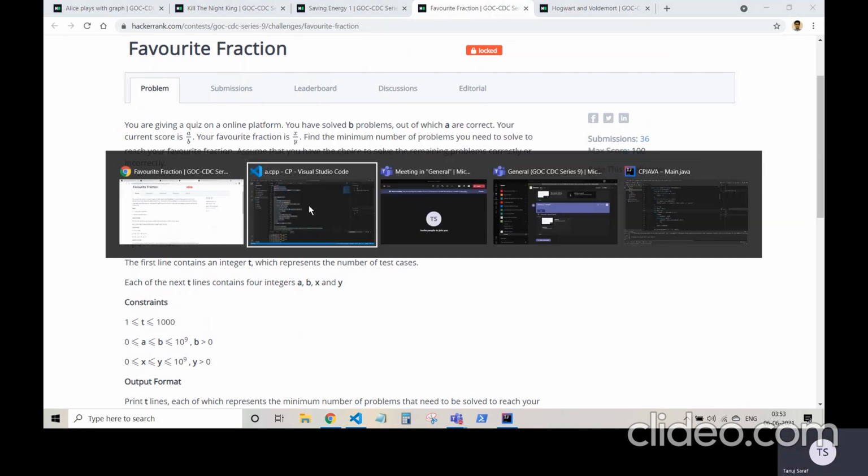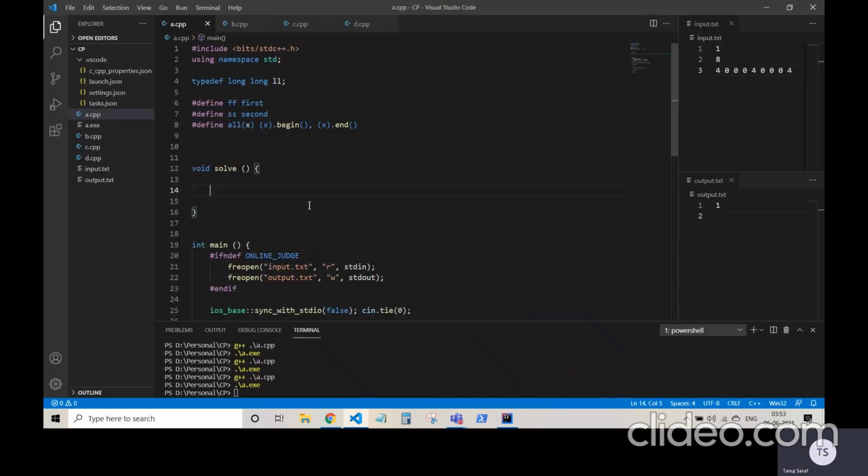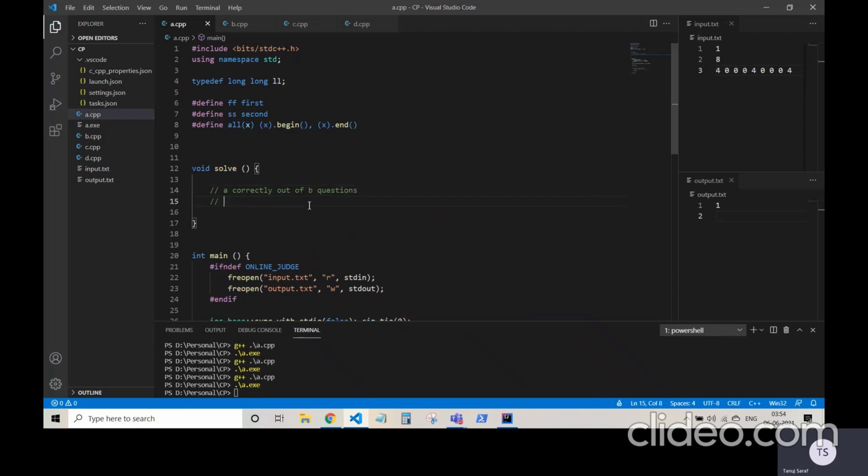So let's first break down the problem. We have solved A correctly out of B questions, and our current score is A by B. The target score that we want to achieve is x by y.